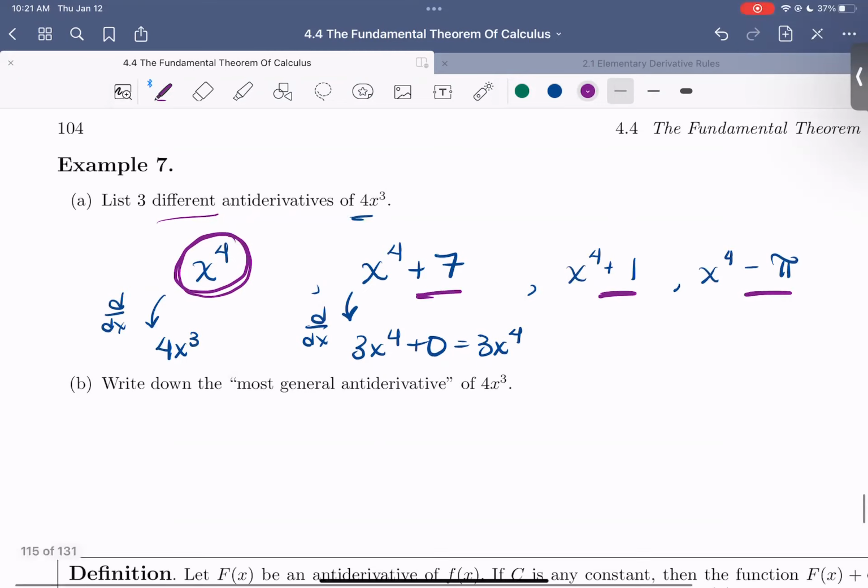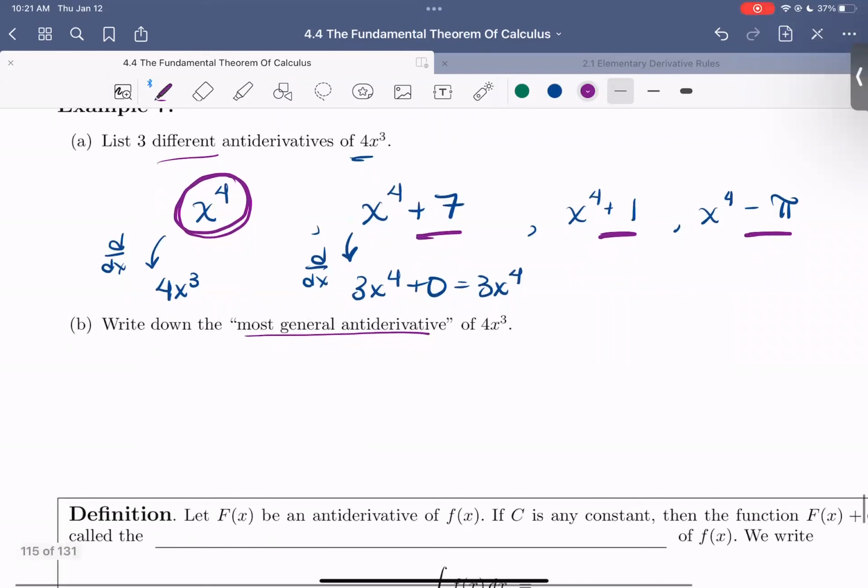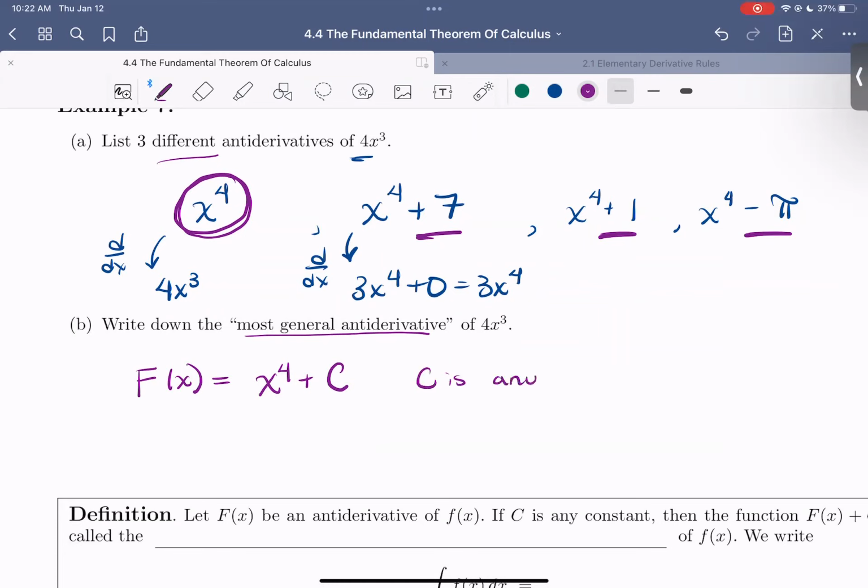So this leads us to an idea of the most general antiderivative of a function. The most general antiderivative of this 4x cubed looks like x to the 4th plus c, where c is any constant.